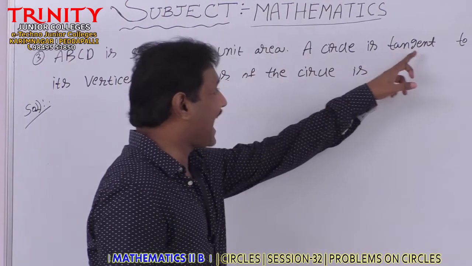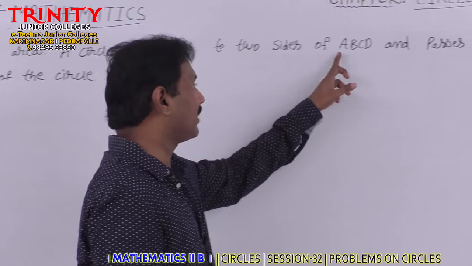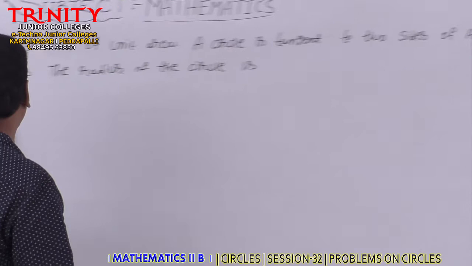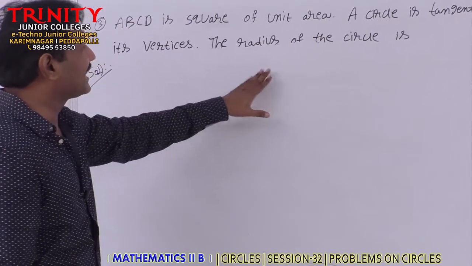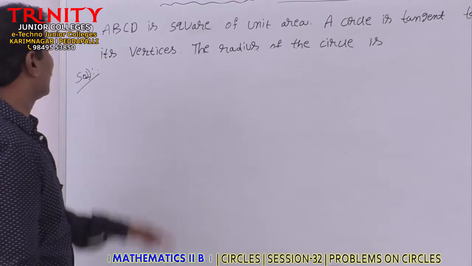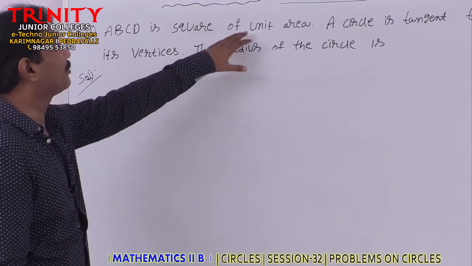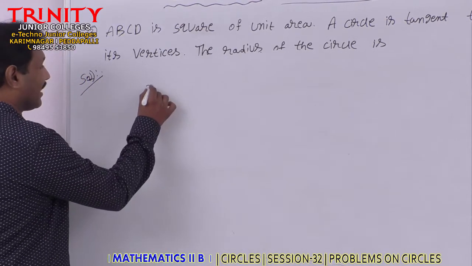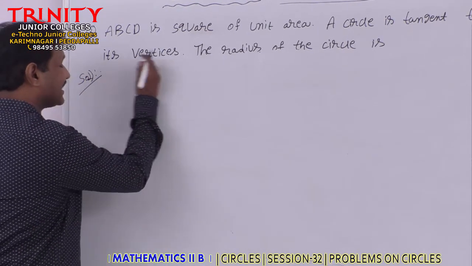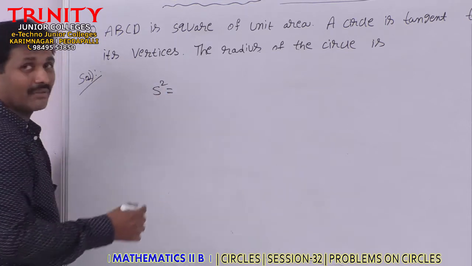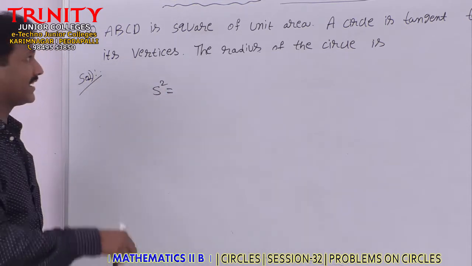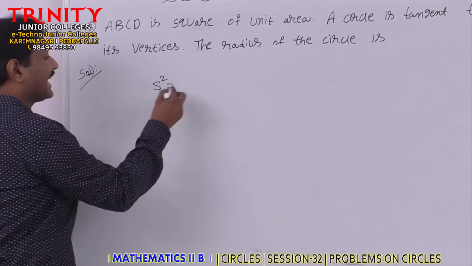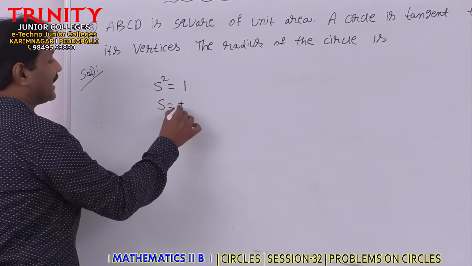ABCD is a square of unit area. A circle is tangent to two sides of ABCD and passes through exactly one of its vertices. The radius of the circle is? Here ABCD is a square of unit area. If s is the length of the side, then s square equal to 1, s equal to plus or minus 1.